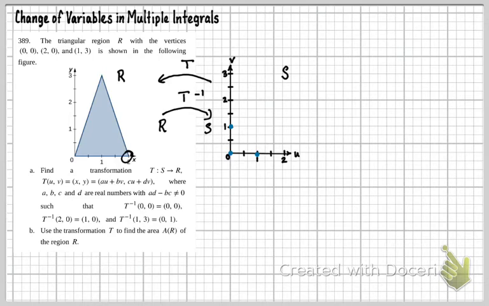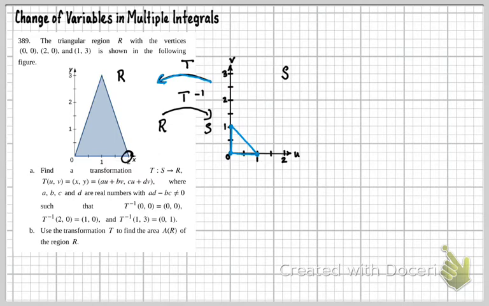So now if I draw the triangle for this, that is going to be my new triangle in S. Now my transformation, keep in mind, is going from S to R. So that's what we're going to create here.